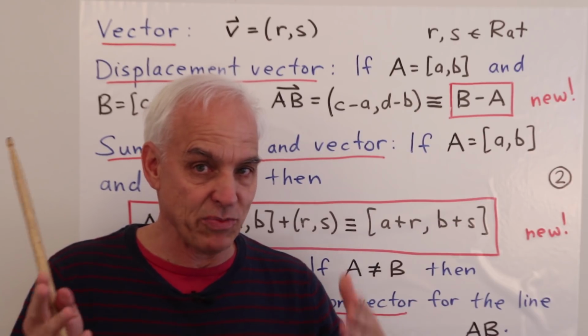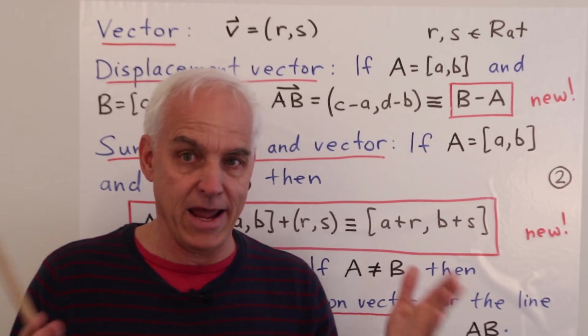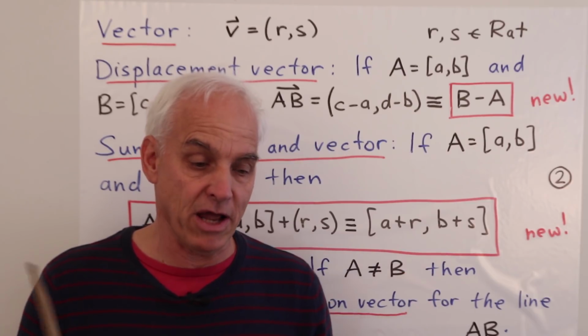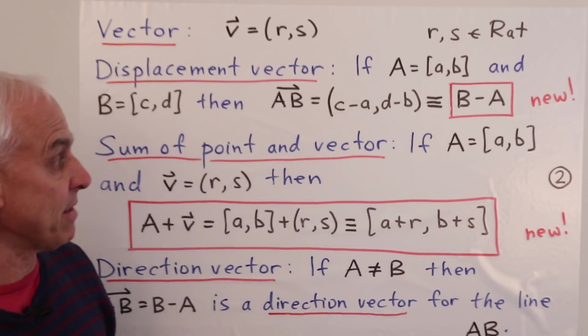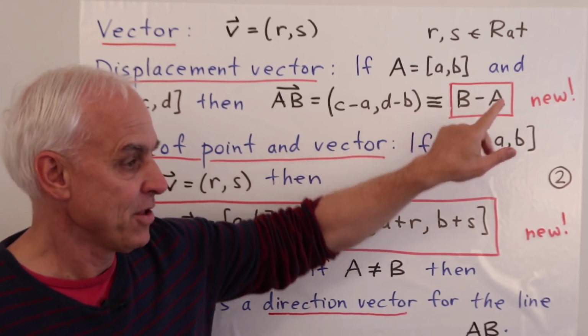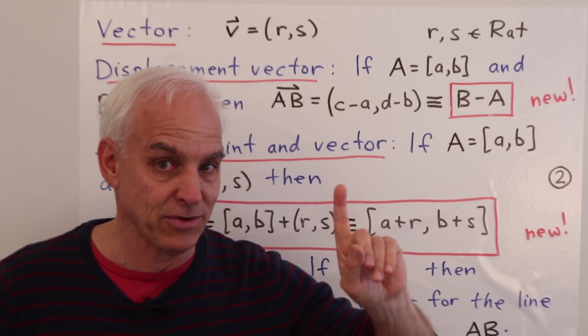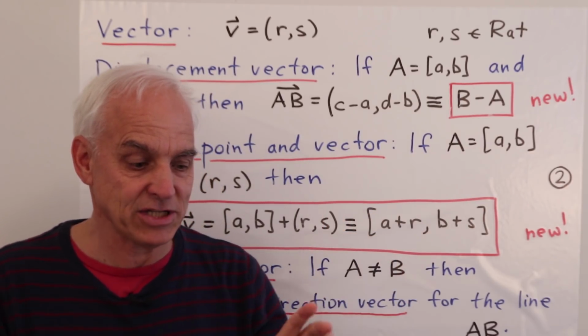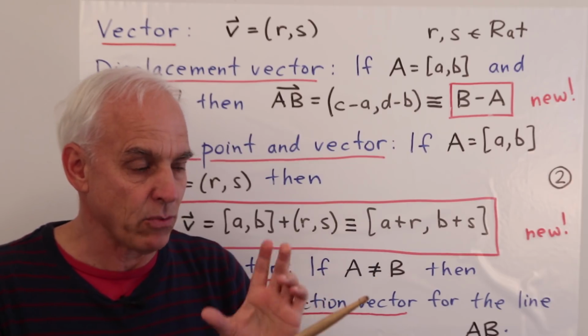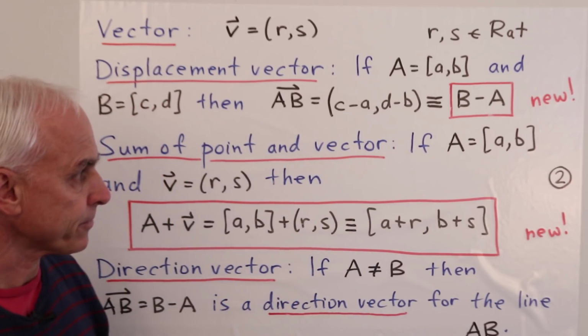Previously, we have no algebraic structure for points. We couldn't add points, we couldn't subtract points up till now. But now we're saying let's agree to subtract points. We are not, however, going to agree to add points. It's just a separation that we're interested in capturing.